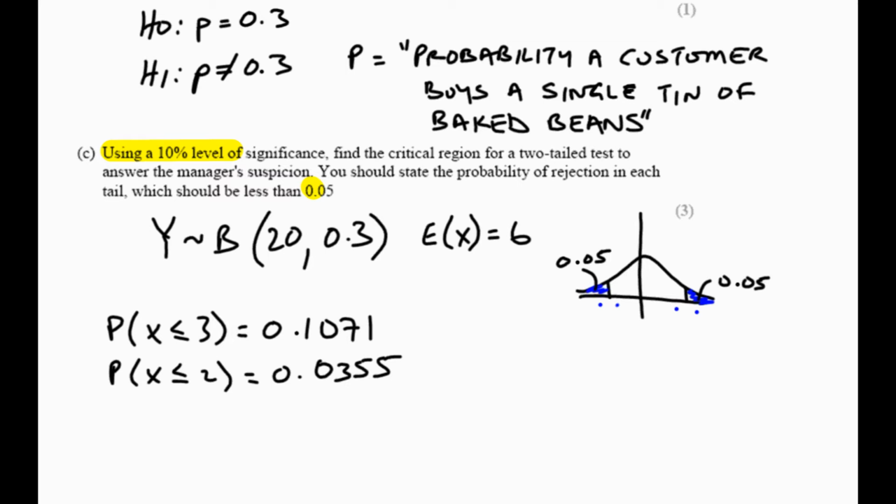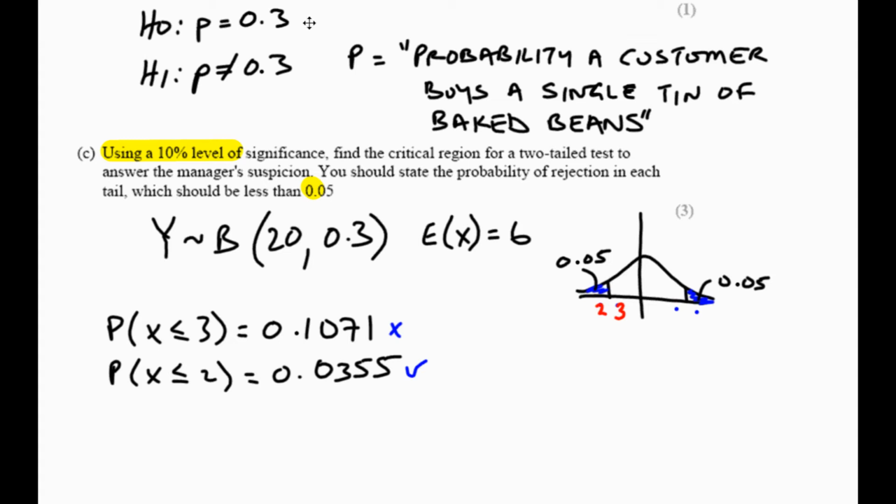So here we have what we're looking for: 2 consecutive values for the cumulative probability, where one of them was significant, being less than 0.05, and the other was not. That lets me know that this must have been the 2, because the probability of being less than or equal to 2 is smaller than 0.05, and this must be the 3.